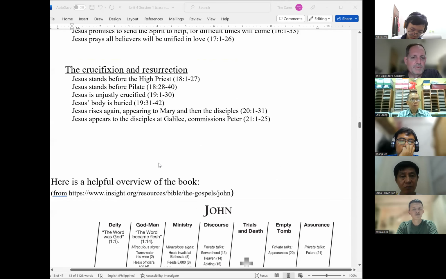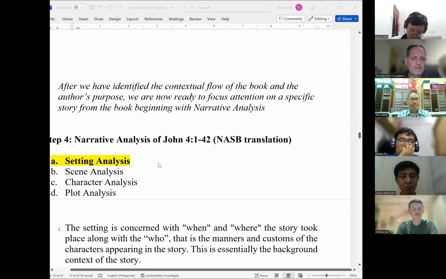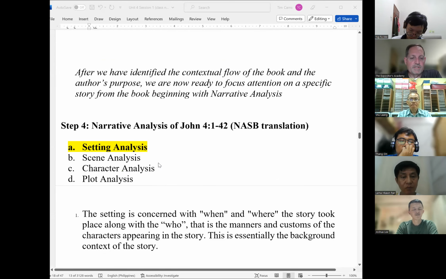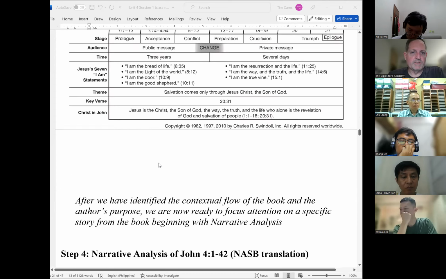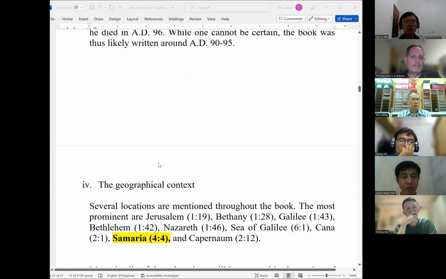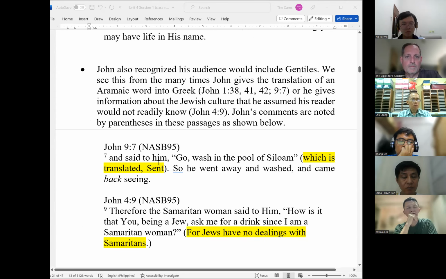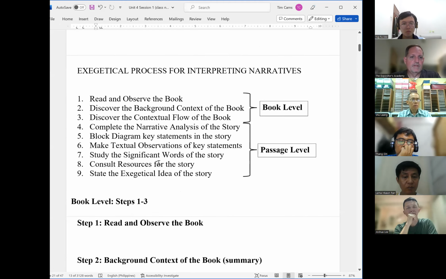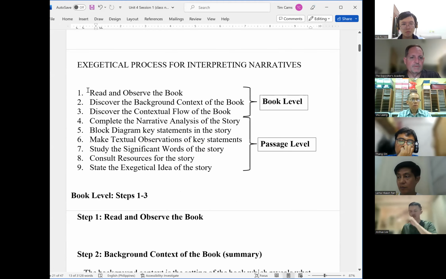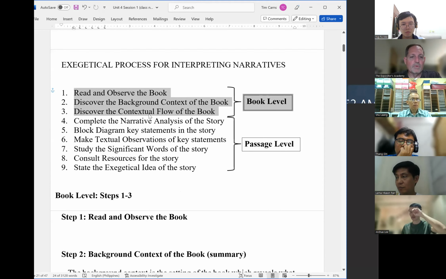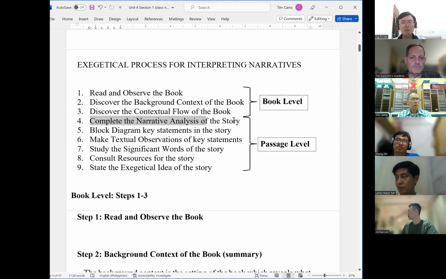So what we're going to do at this point is now focus our attention. Once you've studied the book as a whole, once you've looked at the first 3 steps, which examine the book as a whole, now we're ready for step 4, which is to focus attention on a particular part of the book, a particular story in the book. And the first thing we want to do is the narrative analysis for that particular story.